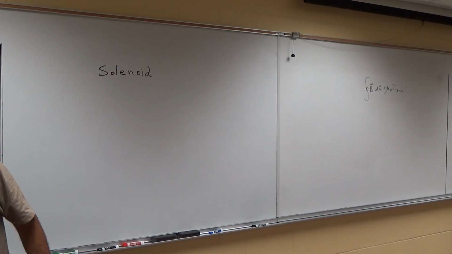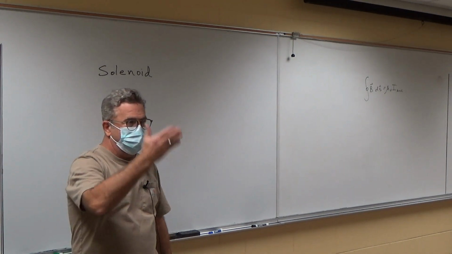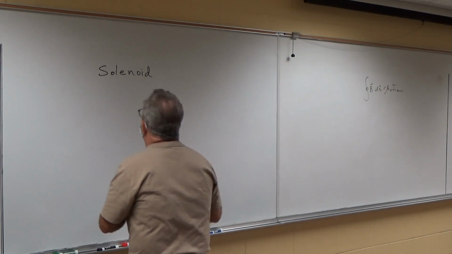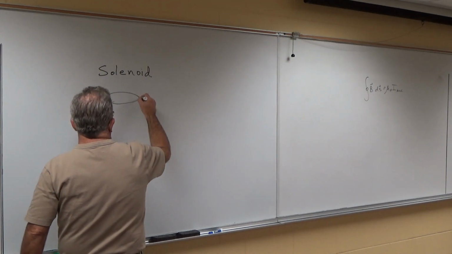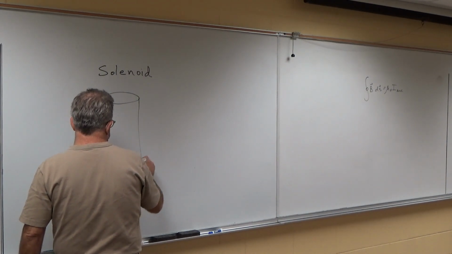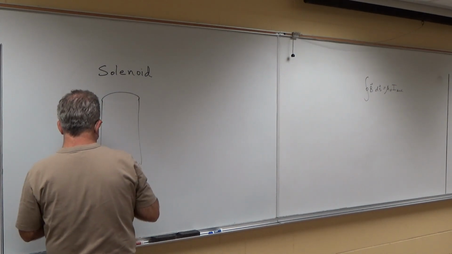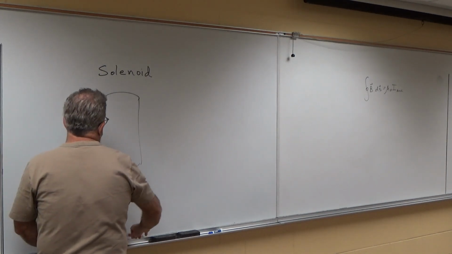So I'm going to draw the solenoid cut along the axis, not the cross section, but cut along the axis. So here it is, like this, and this. I'm going to get rid of that. So I sliced it, and there's all those little wires.